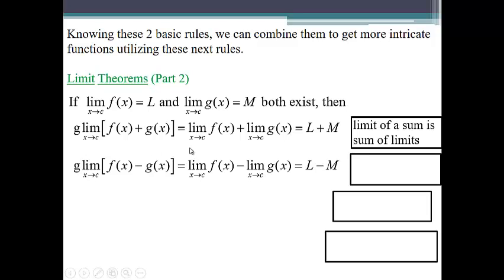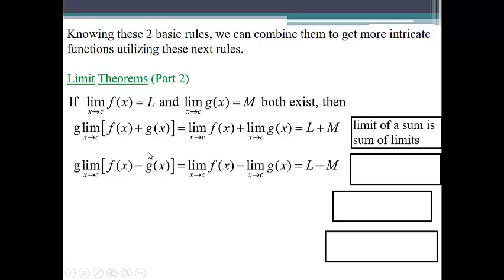But what it's saying is, you can take them individually, take the limit of the first function, find an answer, take the limit of the second function, find the answer. But that's very tedious. So rather than doing that, just get the original functions, put them together, and just find the limit of that, meaning plug in.